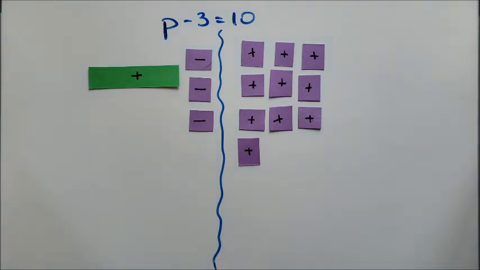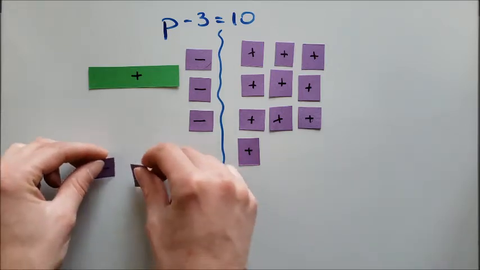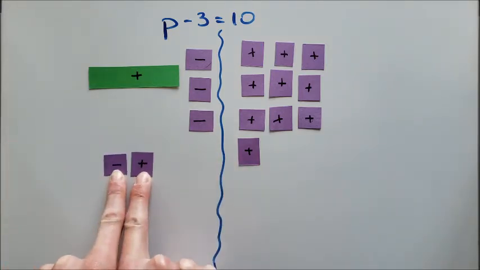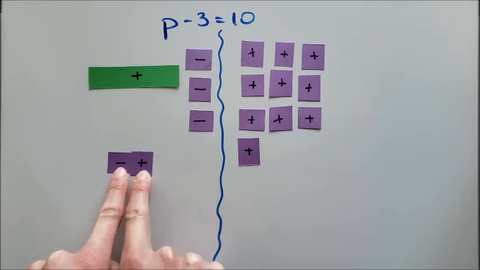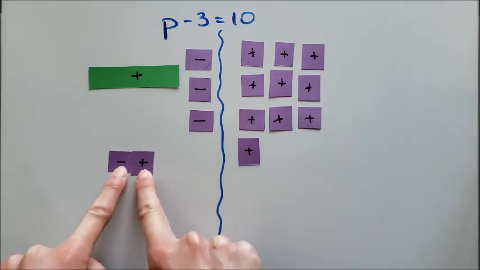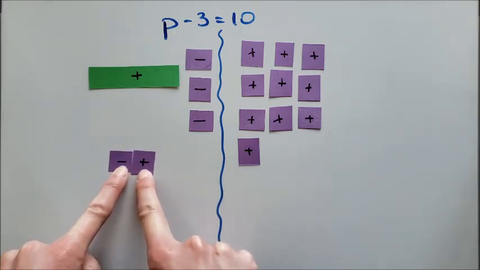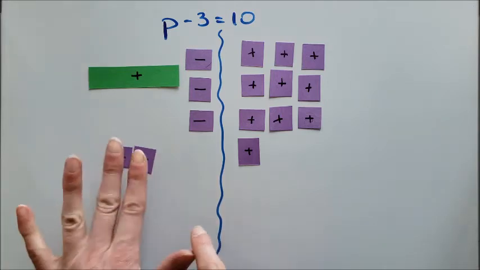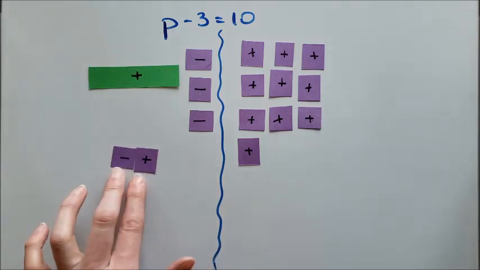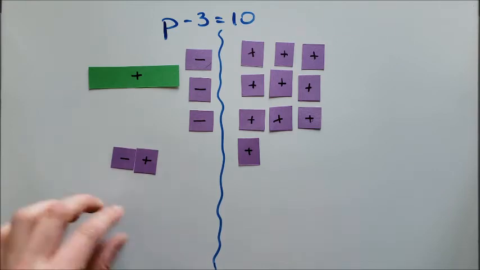Now, I'm going to have to pull on some of my prior knowledge of what we did earlier when we talked about integers. When I have a positive and a negative together, they cancel each other out. So this here is a zero pair, that fancy word that we used earlier this year. When I have a zero pair, I can remove it because this is equal to 0.